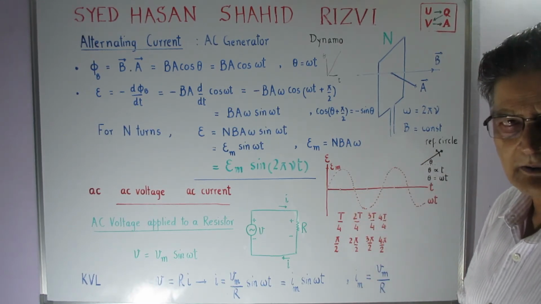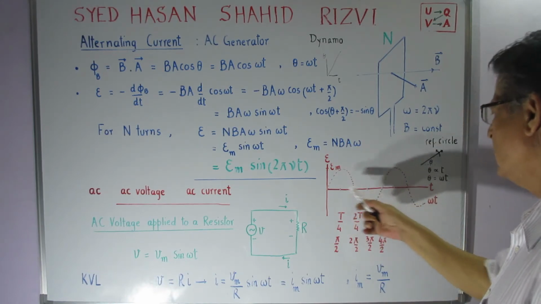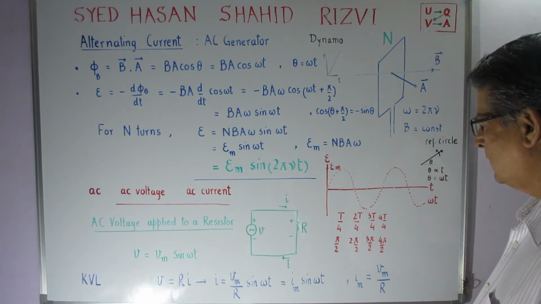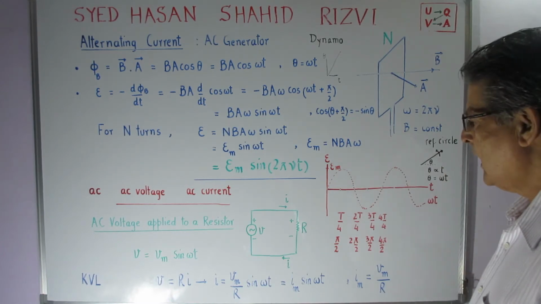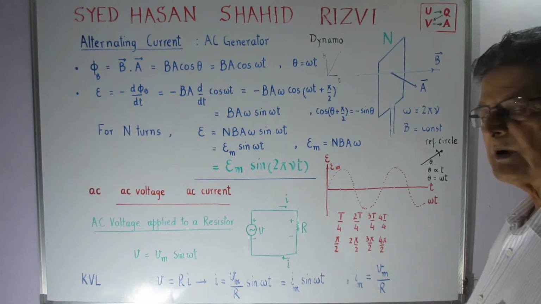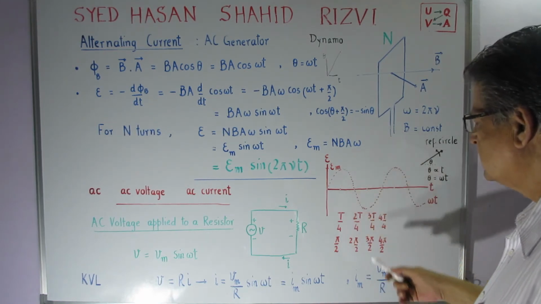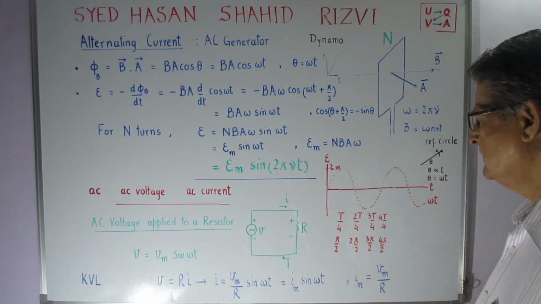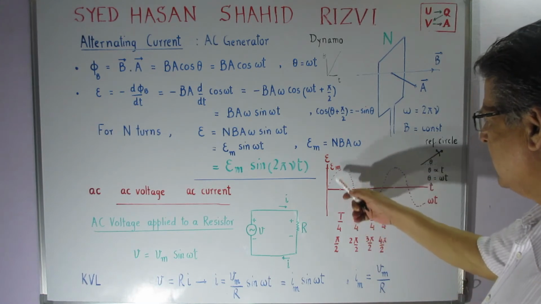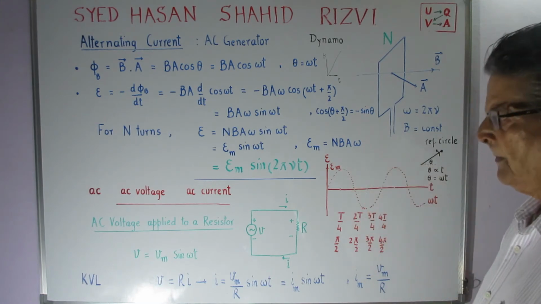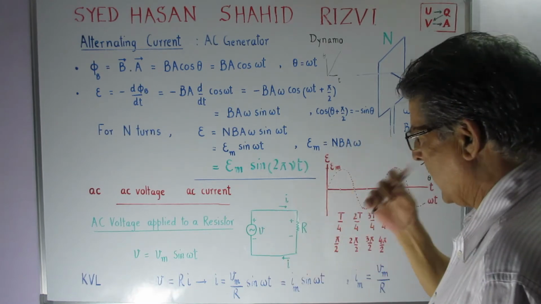To find the average value, we have to find the area under the curve from 0 to capital T, or T to 2 capital T, or nT to (n+1) capital T, and we find that the net area is equal to 0, divided by the time which has taken place, which is capital T, and this will turn out 0. So anyway, there will be occasion to talk about that.